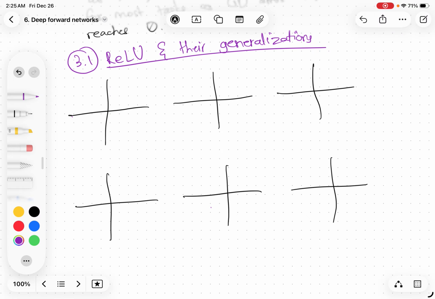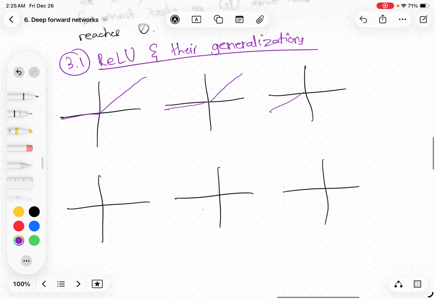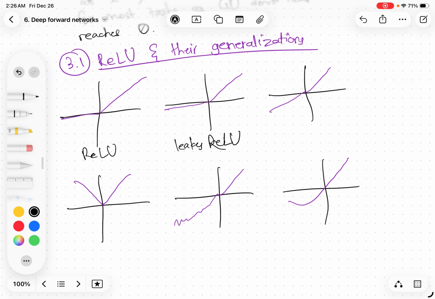So this is ReLU. There is also leaky ReLU, and there's swish, Gaussian, randomized ReLU, absolute value ReLU. There are lots and lots of those types. This is standard ReLU again. This should be leaky ReLU.